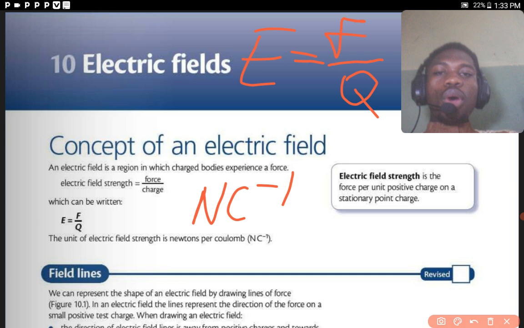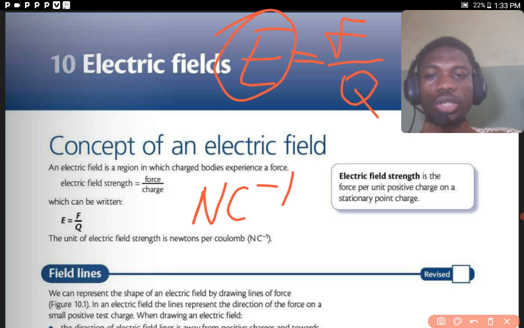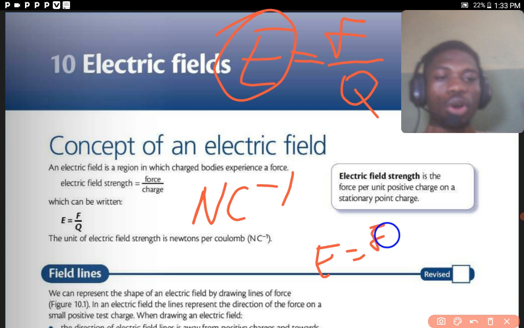Now, what definition can we give to the electric field strength E? Electric field strength E is the force per unit positive charge on a stationary point charge. So it comes from the definition: E is equal to force per unit positive charge.